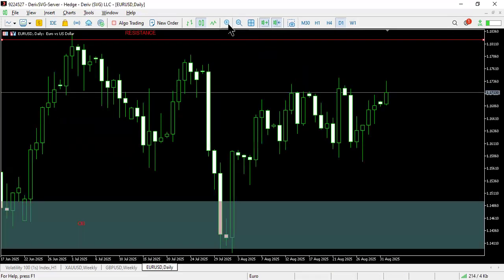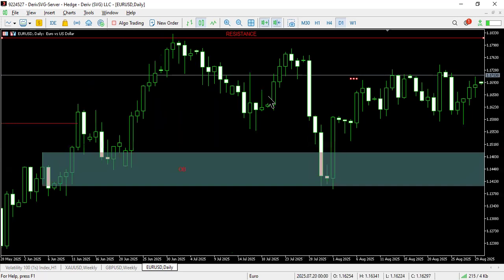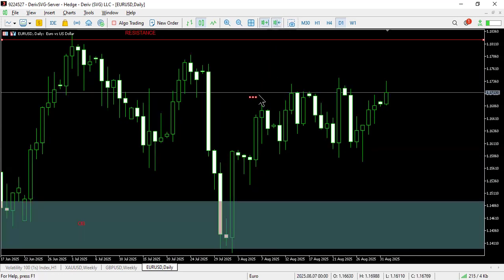Now, if you zoom in, you can see the recent price action. We have a break of structure there.